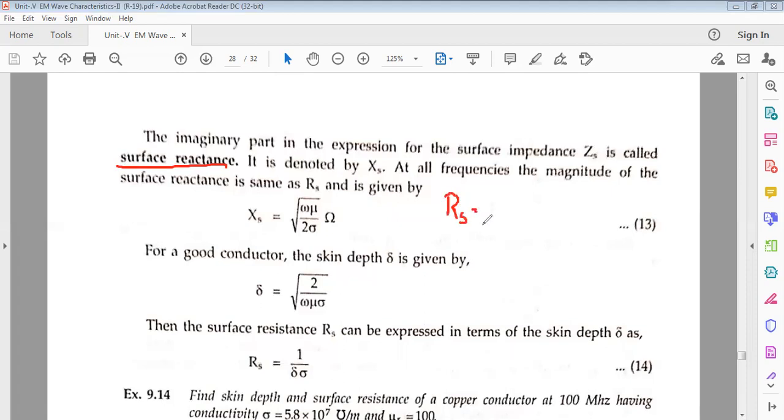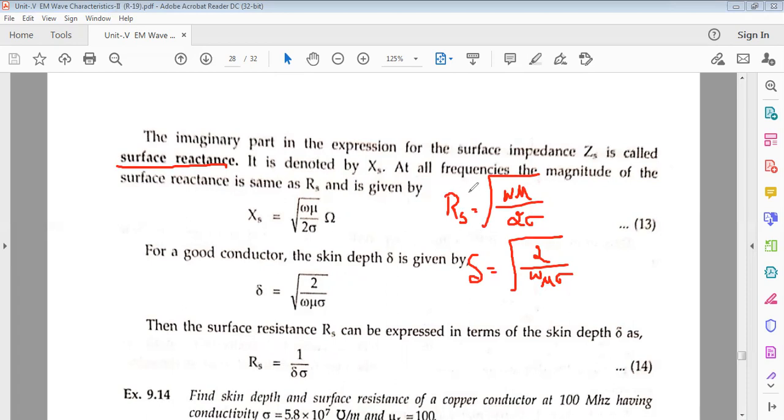Rs is equal to under root of omega mu by 2 sigma, and delta, which is nothing but the skin depth, is under root of 2 by omega mu sigma.